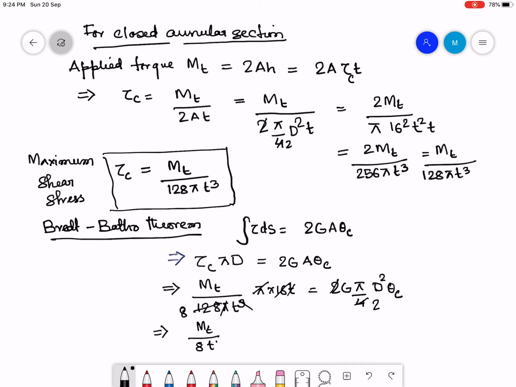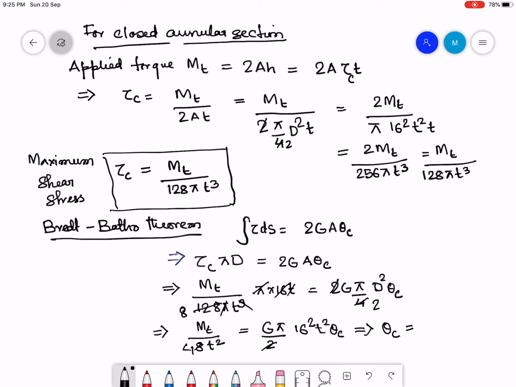t square is going to be g pi by 2, 16 whole square into t square into theta c. Okay, so that is going to give me theta c as, let me cancel this out, as 4.